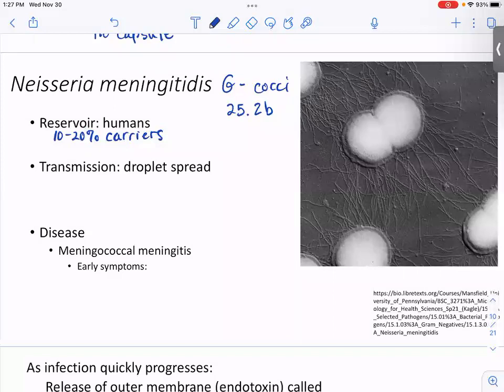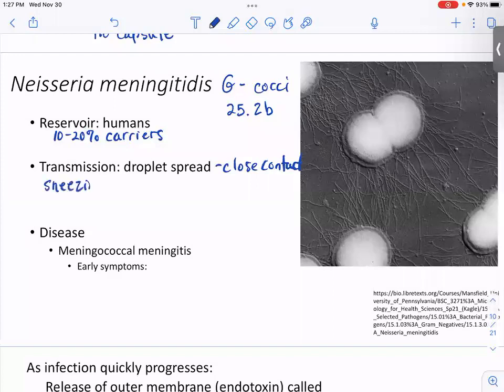Okay, so transmission is by droplet spread. That's the big droplets, not the droplet nuclei that Mycobacteria can spread in. So it takes very close contact to be infected with a large enough dose, usually that will cause disease.